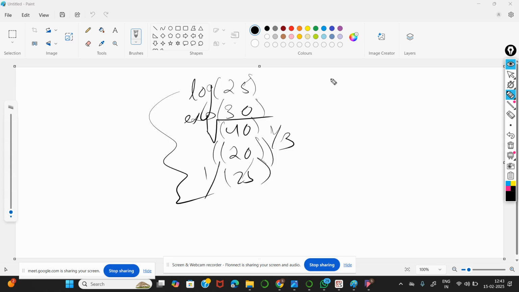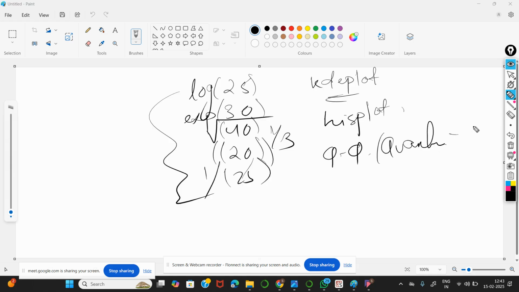Fine, now how to check whether your data got normal or not? Can we check it? Yes, we can. Go and plot a KDE plot, kernel density estimation plot. Go for a histogram if you want, hist plot, or else there is something called QQ plot. This is known as quantile plot, or we can call it a probability plot, prob plot.